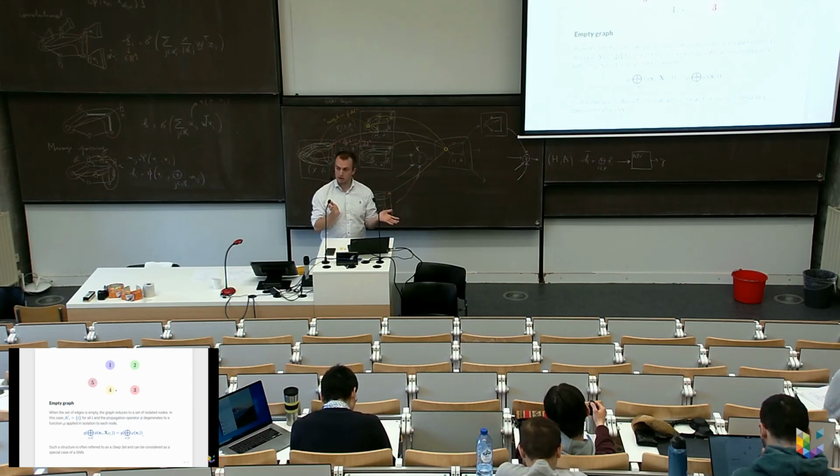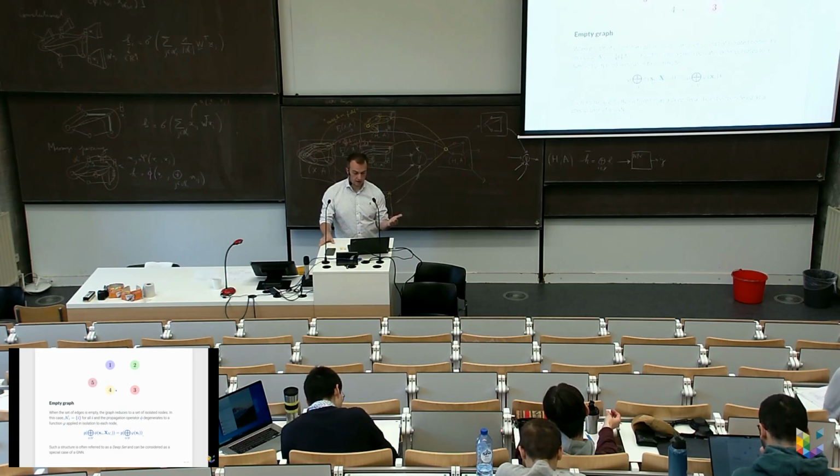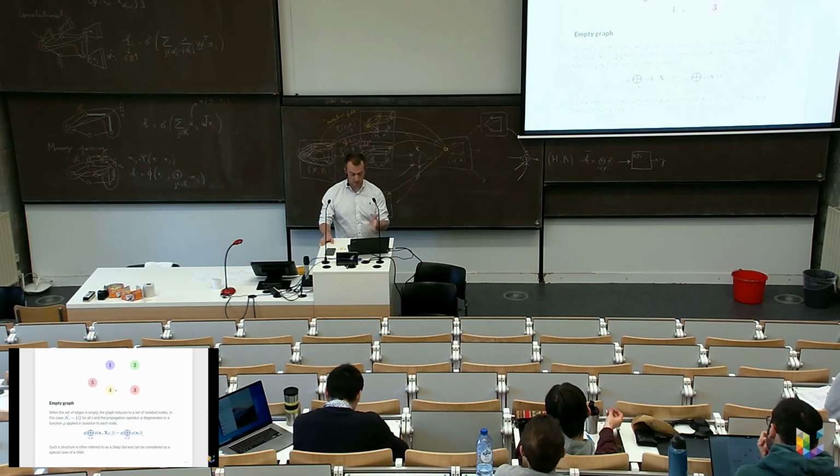If you do node level predictions, it's as if we are doing element level predictions. And if we are doing graph level predictions on this graph without any edge, it's as if we are doing predictions on sets, mathematically sets.